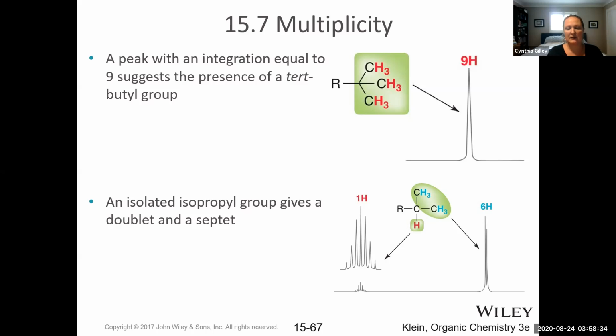Yes. If there were multiple planes of symmetry in the molecule, you could possibly get that. But the most common way by far is a tert-butyl group. And this is usually a signal that's pretty upfield, and the reason for that is it's at least 2 bonds away from anything electronegative. So it's not usually shifted very downfield.